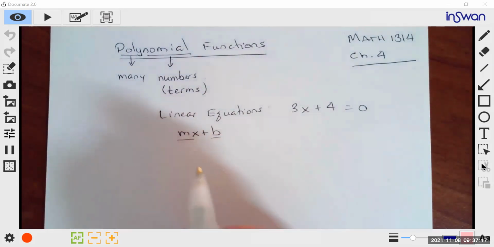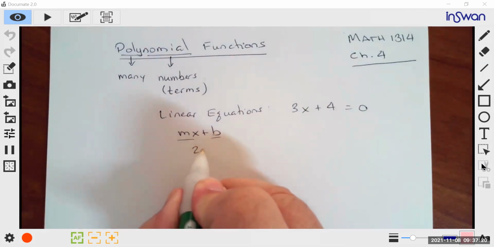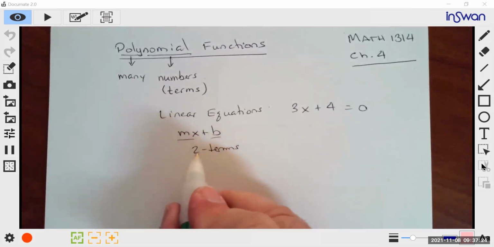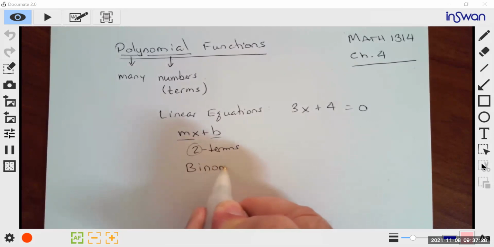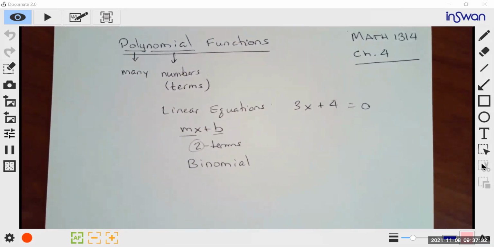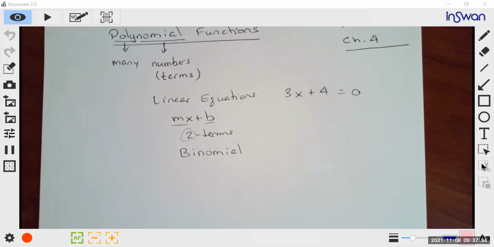There are two terms. Since it has two terms, it's called a binomial. That's what we started off the class talking about.